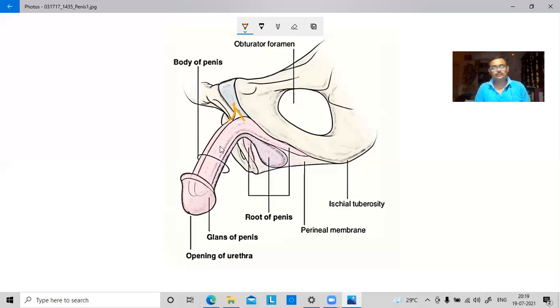So this is an integrated synergistic phenomenon. There will be erection followed by ejaculation. This is the neurovascular phenomenon of the penis, which we always see. So this ends my discussion on the penis.